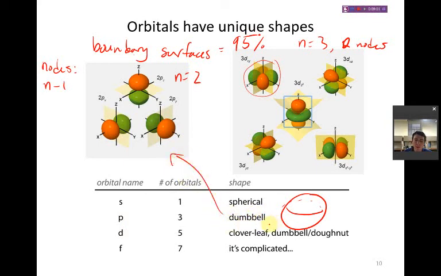The d-type orbitals are cloverleaf, and then a dumbbell with a donut. And then the f-type orbitals, you actually don't need to be familiar with because they get rather complicated. And so in terms of recognizing, you need to be able to recognize the s, the p, and the d-type orbitals.